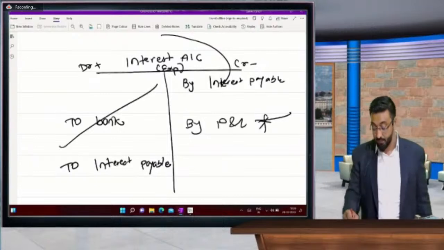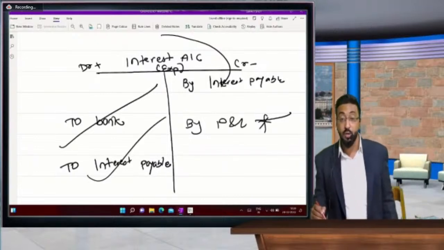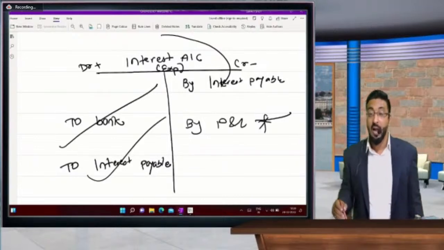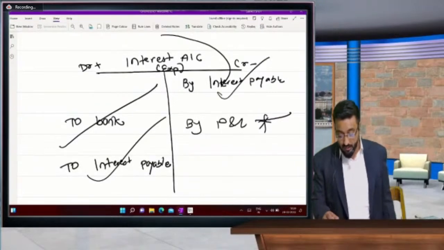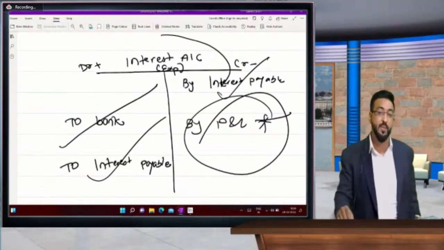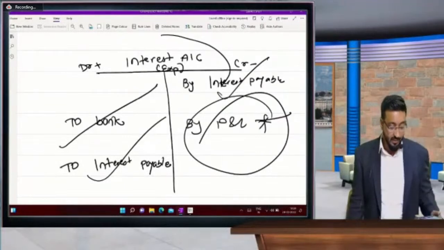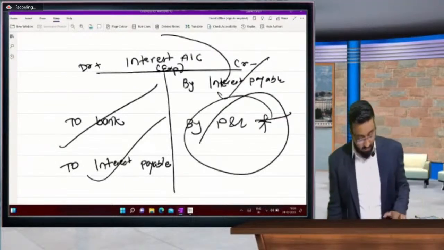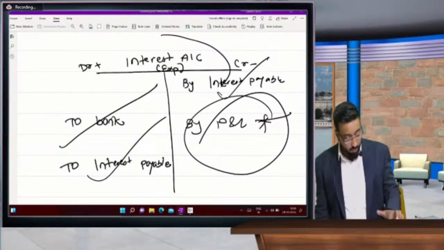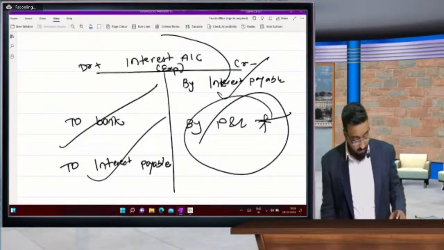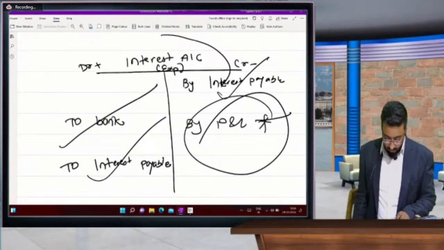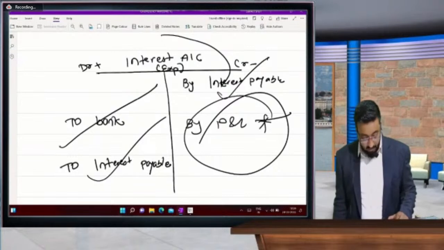Interest is our expenditure to bank. If it is accrued, it is to interest payable. And similarly, on first day, we are going to reverse it. So in P&L, we are going to transfer balancing figure. Yes, beta. So in comment section, you have to tell me. Every one of you, tell me interest kya hoga. Interest pro forma.